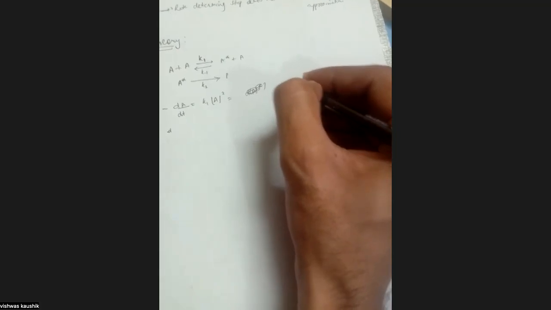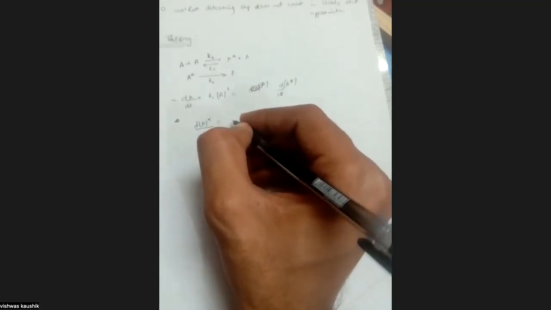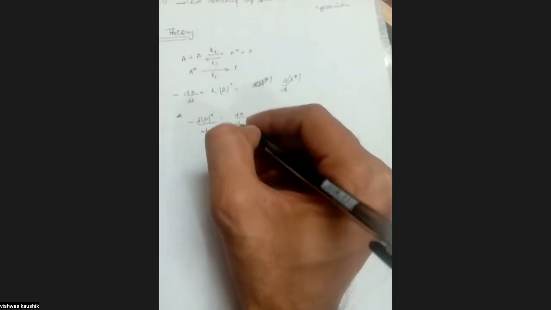Also dA star/dt is equal to minus dA star/dt is equal to dA/dt is K minus 1 A star.